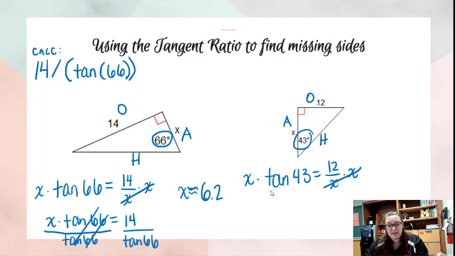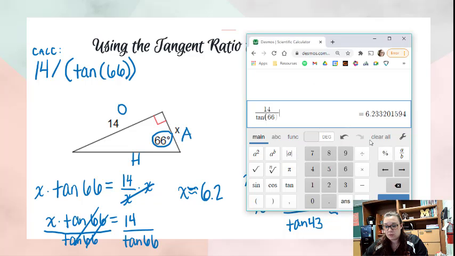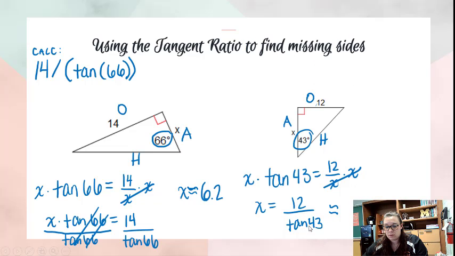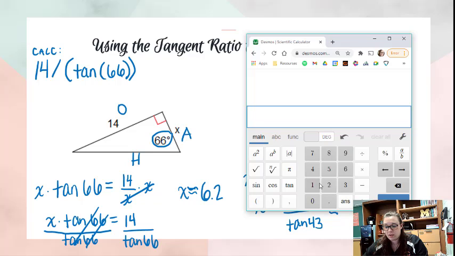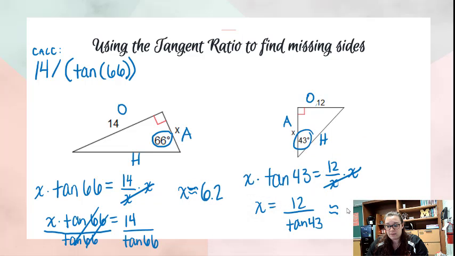And then I want to get rid of the tangent 43, so I'm going to divide both sides by it. So x equals 12 over tangent 43. Okay, 12 divided by tangent 43. About 12.9, I'm rounding up because of the 6, so about 12.9.